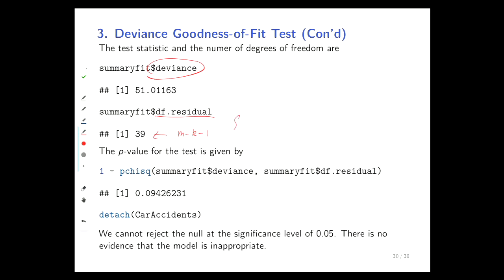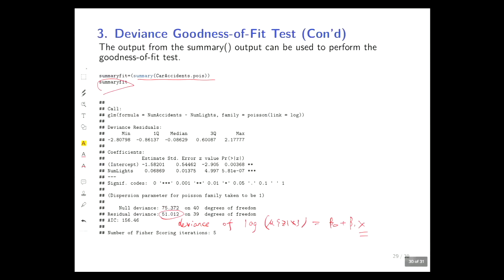So here, m equals 41, and k equals the number of the variables, which is 1, and then we have 1. So 41 minus 1 minus 1 equals 39. And also you can find this 39 here. So this is the degree of freedom.